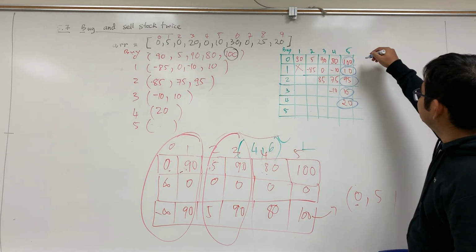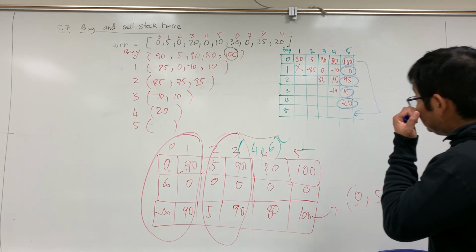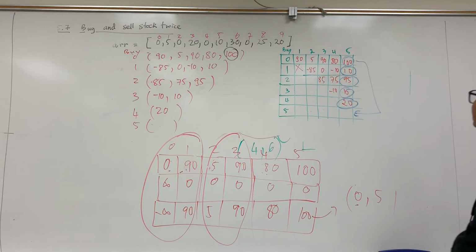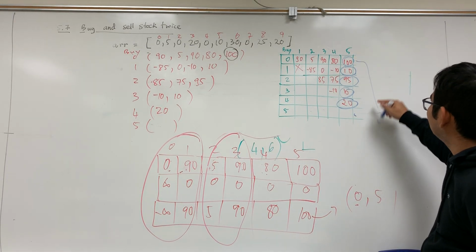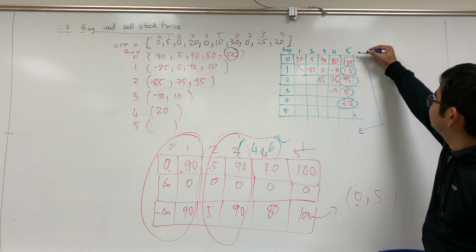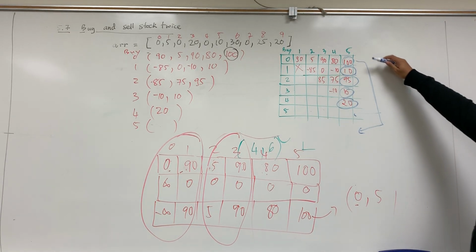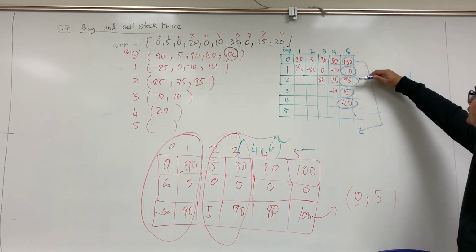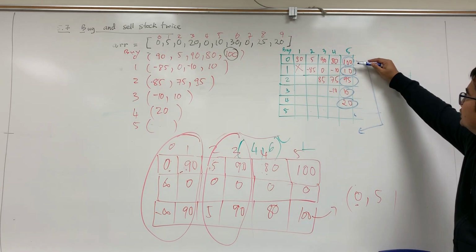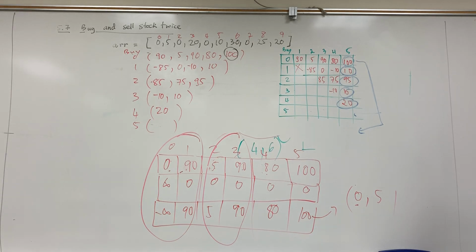If we sell at 5, we cannot sell or buy the second stock in between the buy time and the sell time.